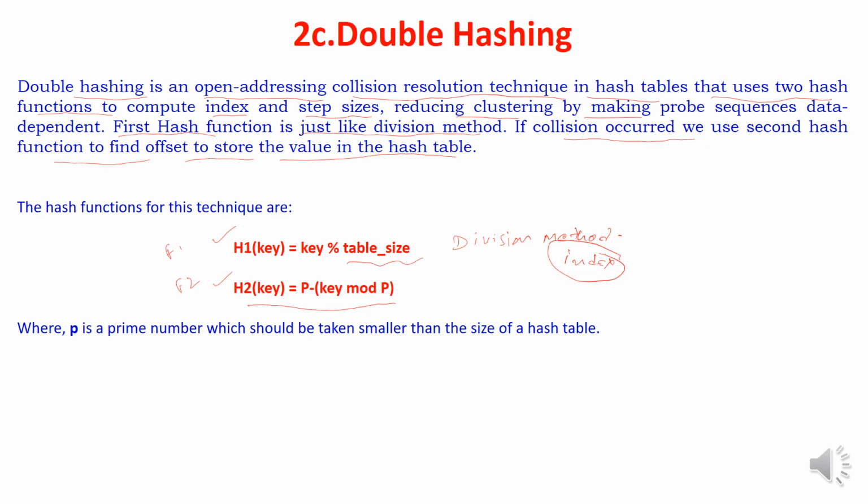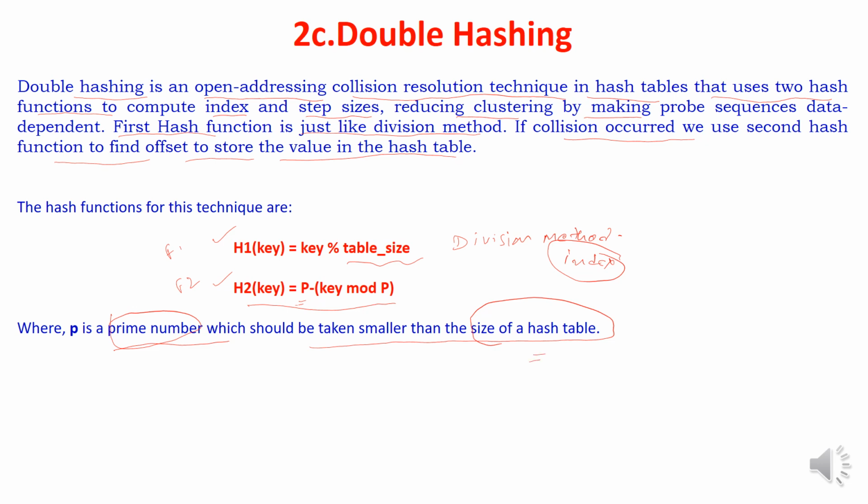The key is fed to the second hash function, p minus key mod p, where p is a prime number which should be smaller than the size of the hash table.